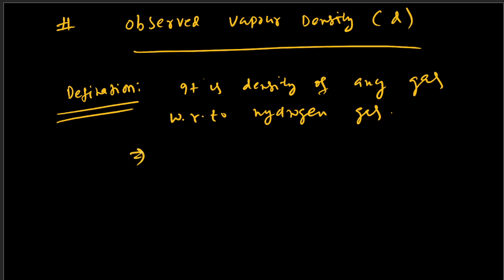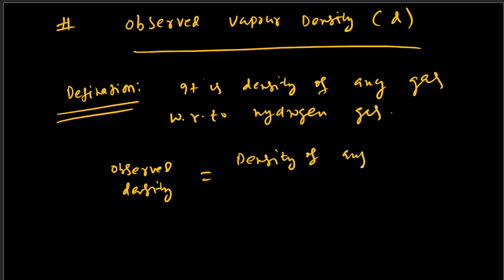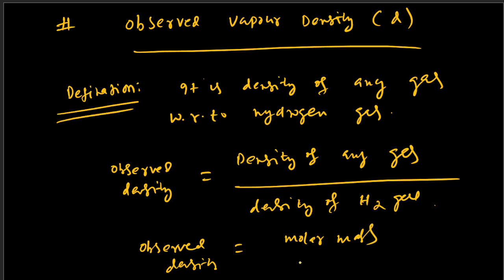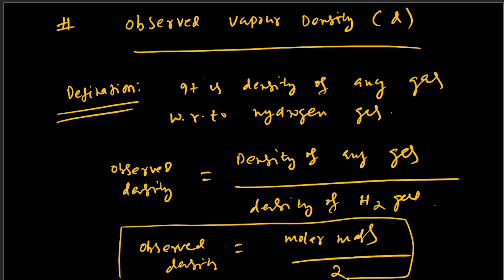Or we can say observed density equals the density of any gas divided by the density of hydrogen gas. So observed density is equal to molar mass divided by 2. These are the relationships of observed density with molar mass.